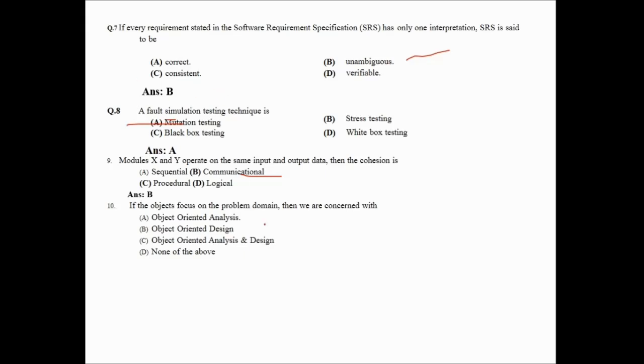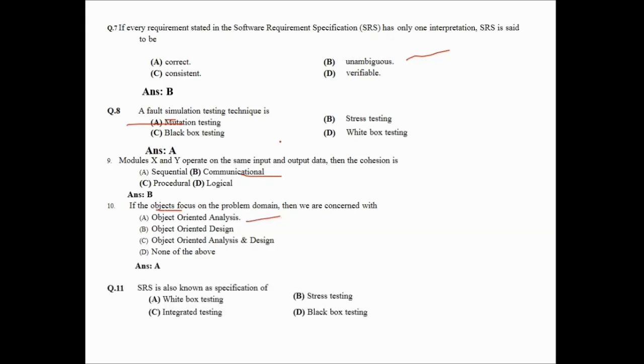Now, if the object focuses on the problem domain, then we are concerned with what? Object-oriented analysis, object-oriented design, object-oriented analysis and design, or none of the above? So we are concerned with object-oriented analysis.